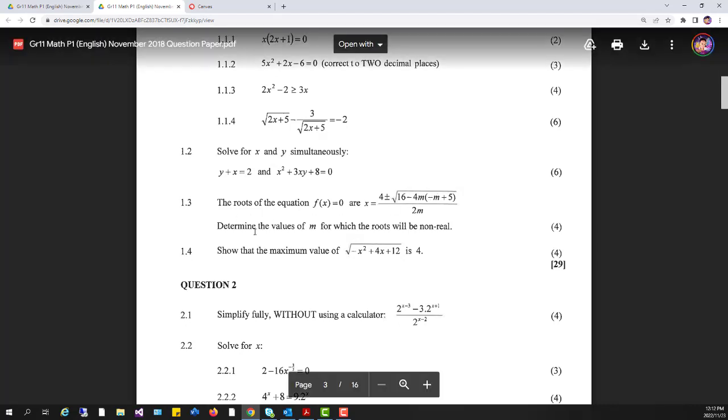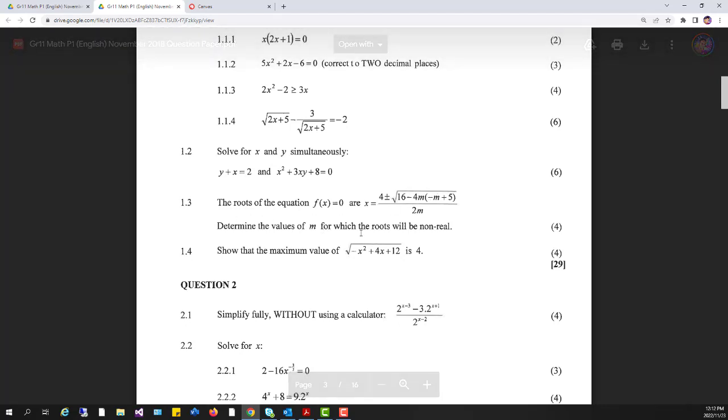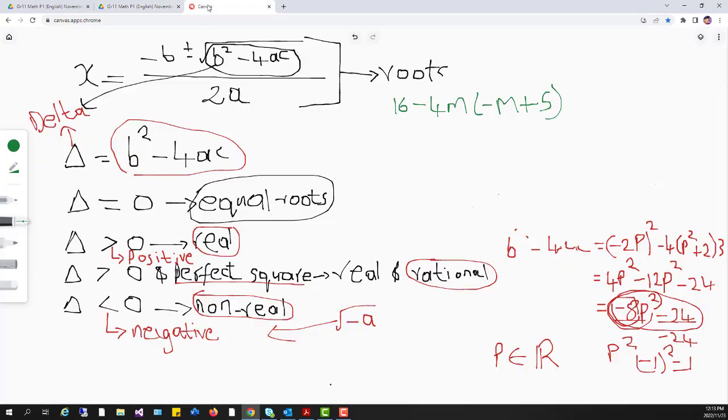All right, so the question says determine for which values of m will the roots be non-real. So the condition is that they will be non-real if delta is less than 0. So we've taken out the delta there, and then we say less than 0. And then we go and find the values of m. So let's multiply out.